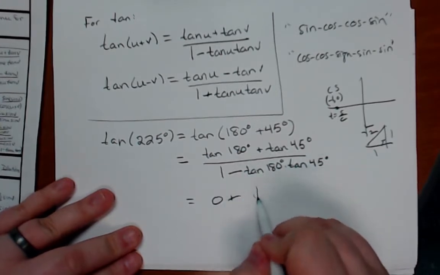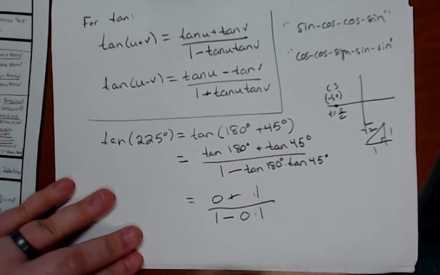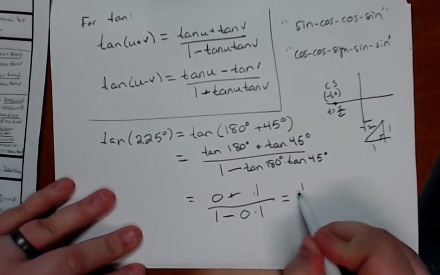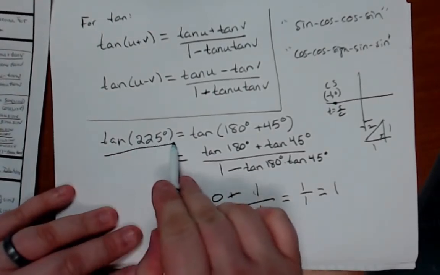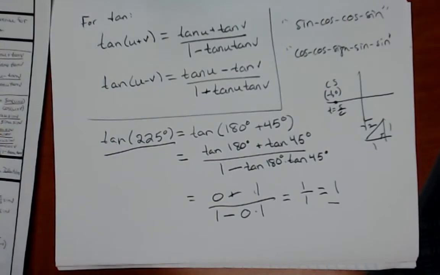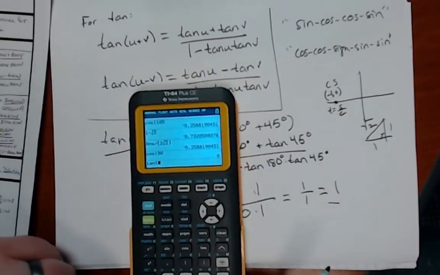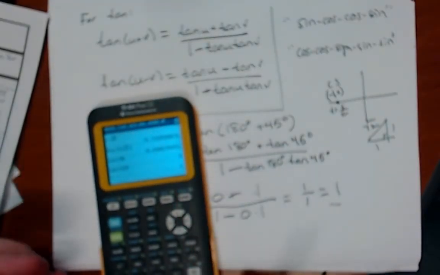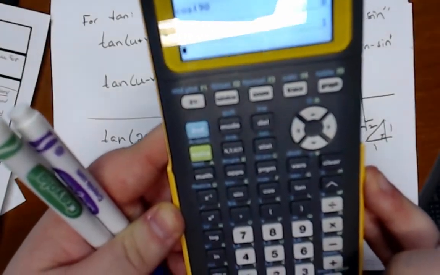So 0 plus 1 over 1 minus 0 times 1. Well, 0 times 1 is 0, so we have 1 over 1, or 1. So the tangent of 225 is 1, and if our calculator is still in degree mode, which it is, tangent of 225 is, in fact, 1.